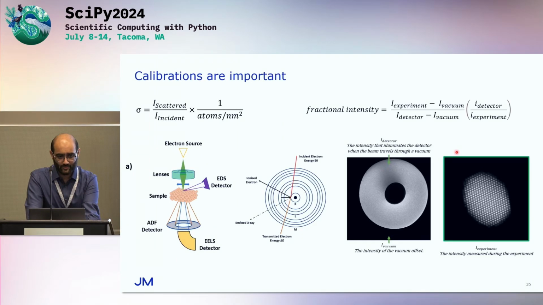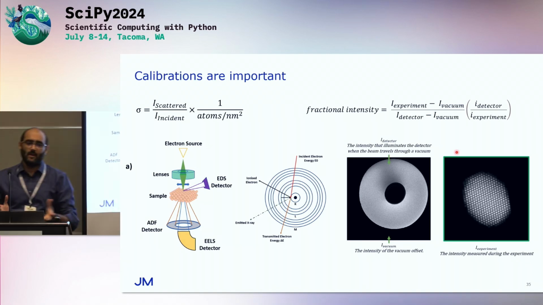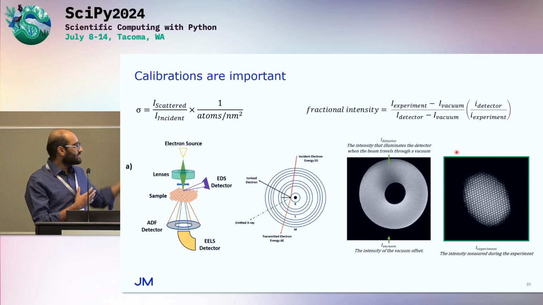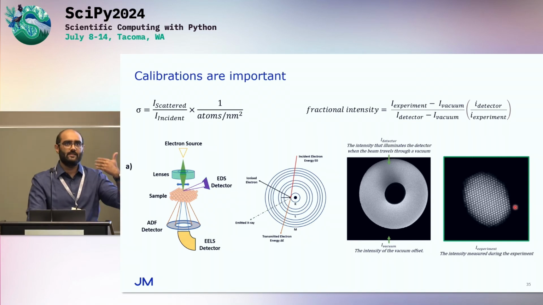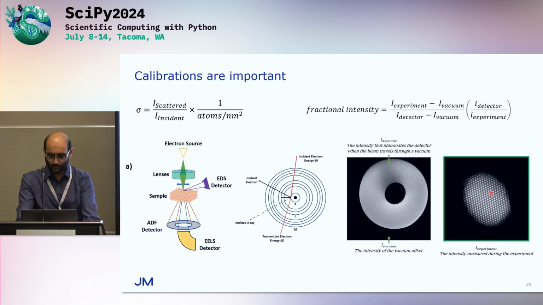I'm not going to go too much into detail about this, but we have a method where we treat the electron microscope as a particle scattering experiment, and express the intensity that you're seeing within the image, observed via the scattering at the detector level, in terms of the fraction of the scattering as your electron interacts with the sample.